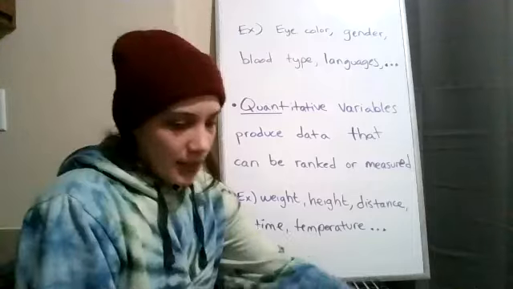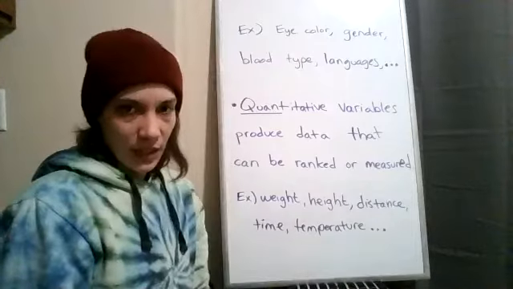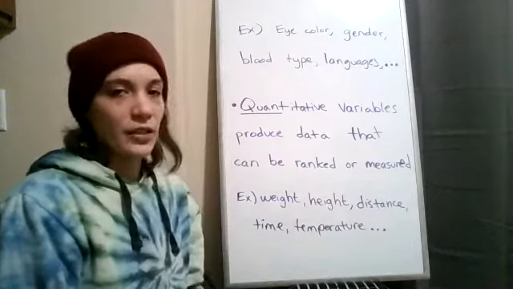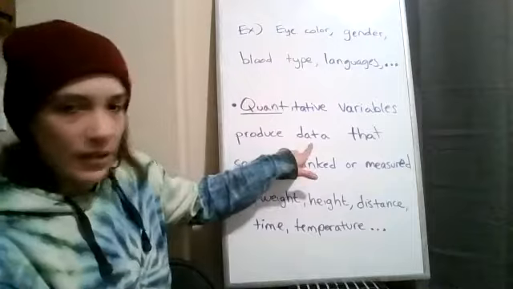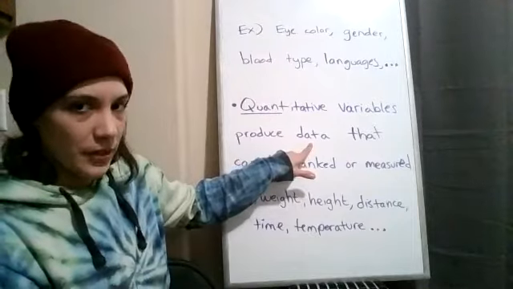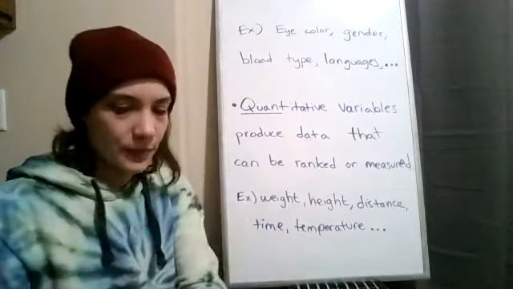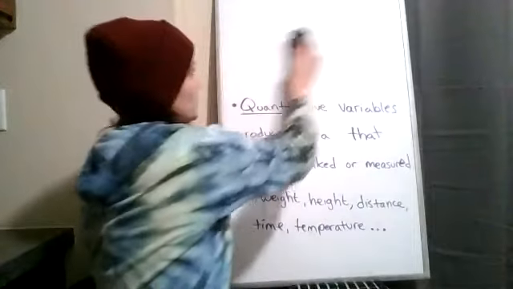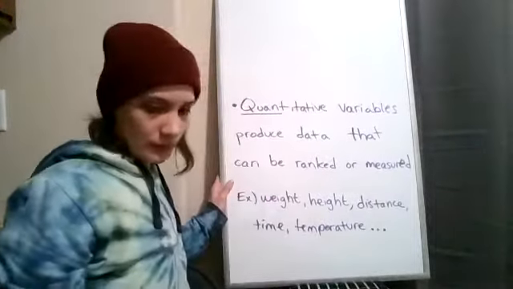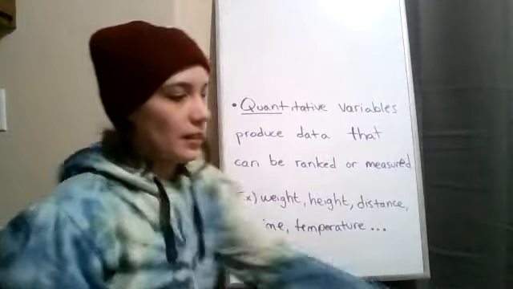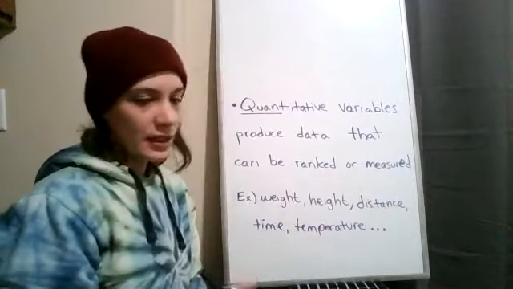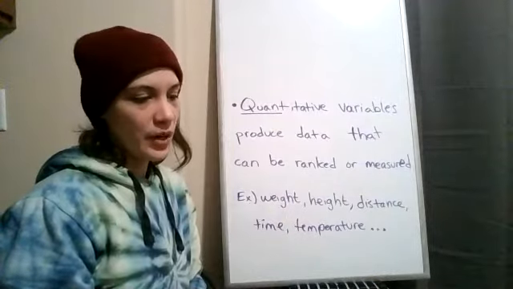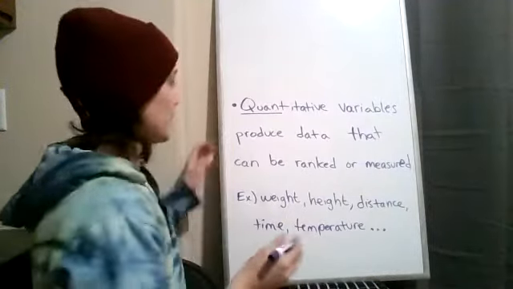Okay, last part, actually, I wanted to define data and then draw a picture. So the list of observed values for a variable is called data.